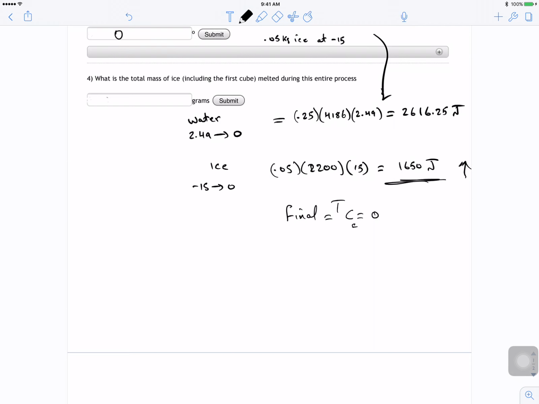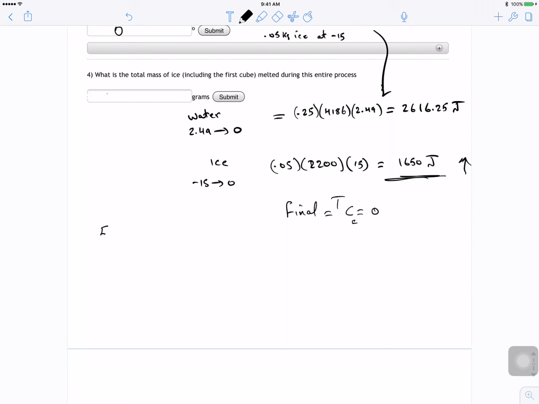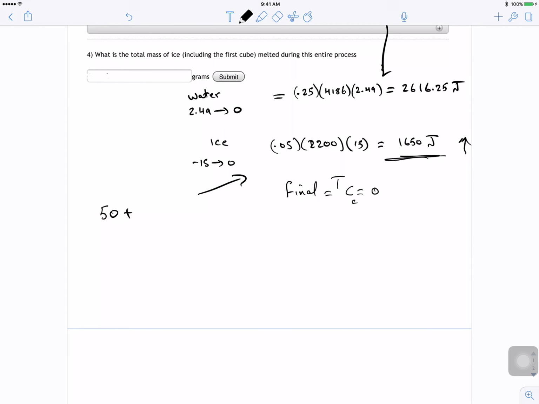So what's the total mass of ice, including the first cube, melted during this entire process? So we're going to do 50 plus whatever melted in this process in here. So the difference between those guys is what's going to turn the ice into water.